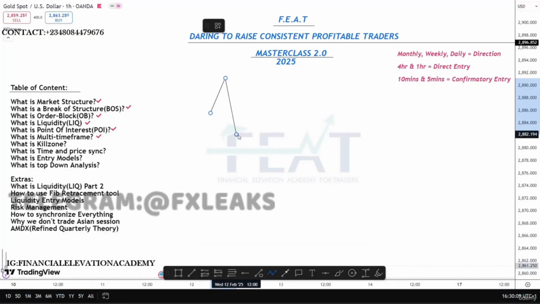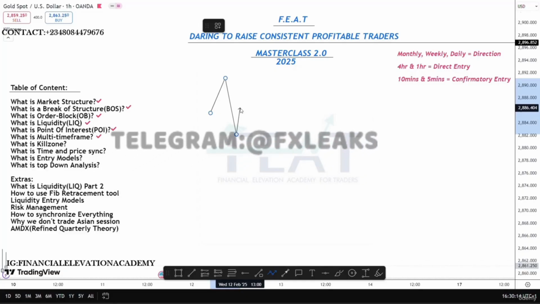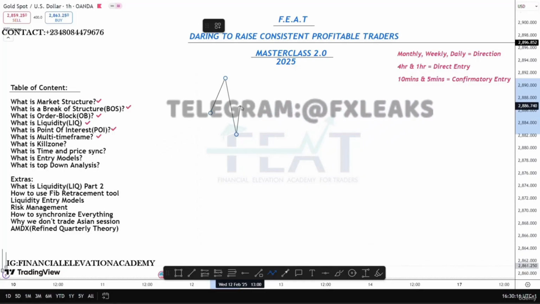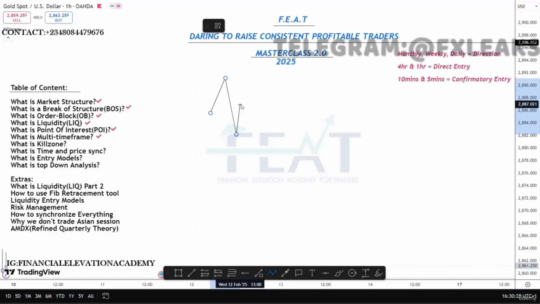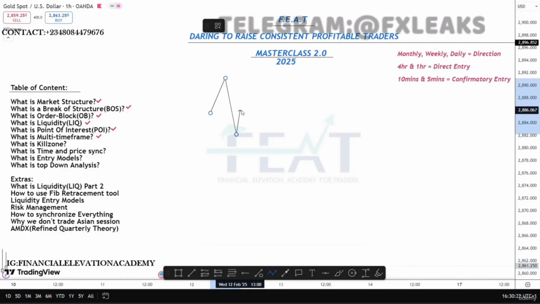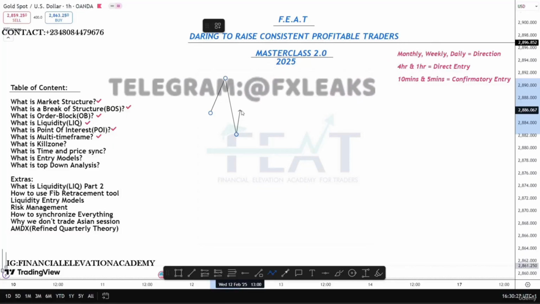Now, we are expecting the next month to retrace into the other block, and if we see this, it's simply telling us that maybe in a month or in a week we're going to have it buy.